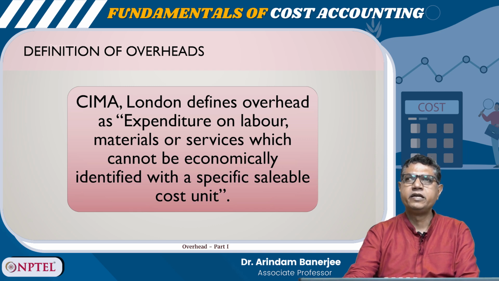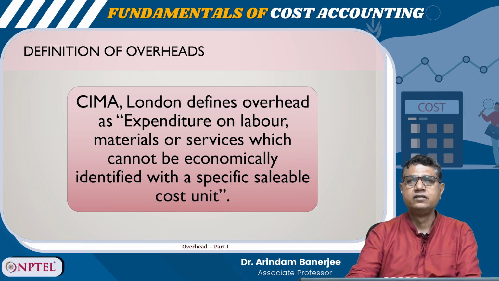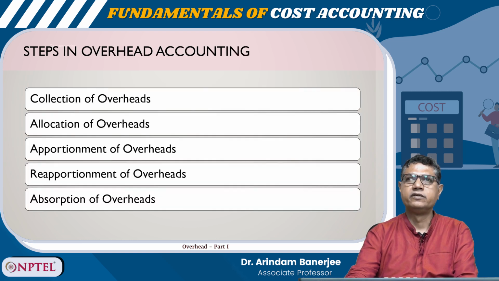You can identify the cost of the metal body used for manufacturing the car, but you cannot directly identify the salary of administrative staff to it, right. So, it is an overhead.